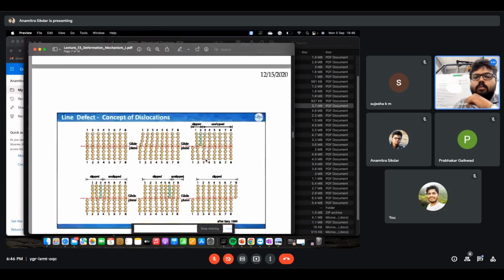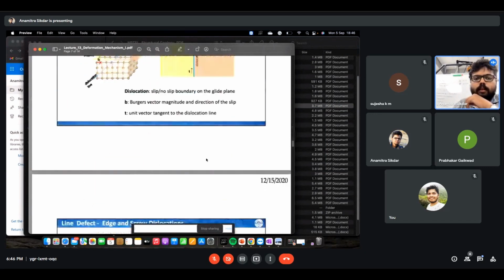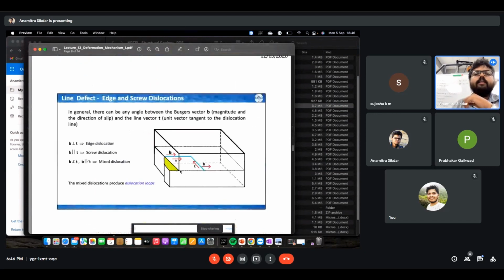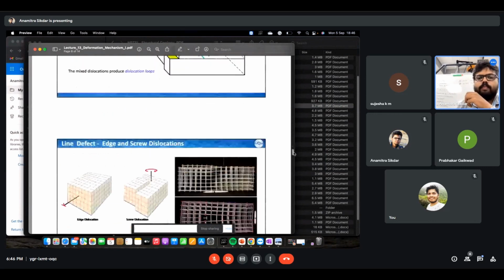But if it twists, say for example like this one, the upper part of the lattice just twists, just like tearing a paper. When you tear a paper, the tear goes inside, right? It is here initially, and when you tear the paper, this goes inside. This kind of dislocation is called a screw dislocation.